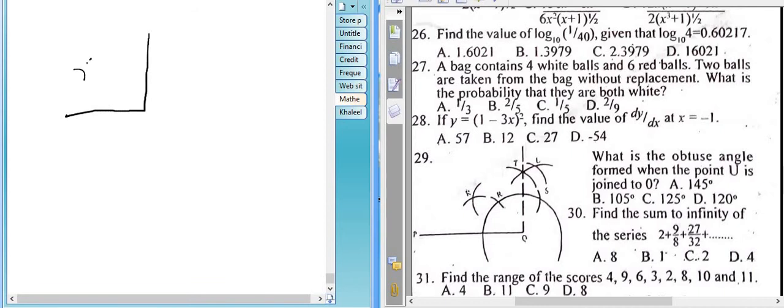So we have something right here, and something right here. This is where the U is, here is R. If you draw a straight line here, you know that this is 90 degrees. So here is 45 degrees, also here is 45 degrees. So we want to go from O to U, which is from here to here. So here we have 45 degrees, and right here we have a 30 degree angle.